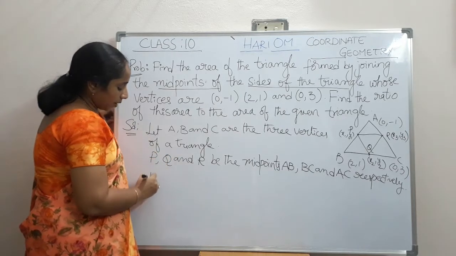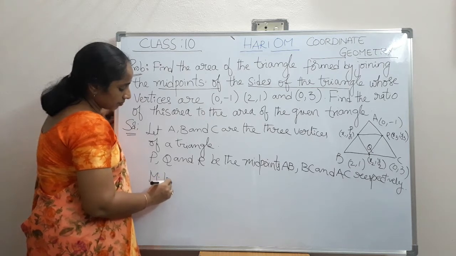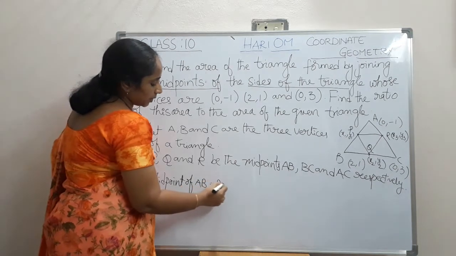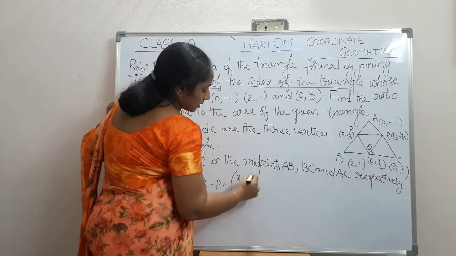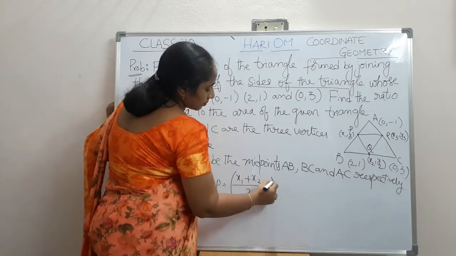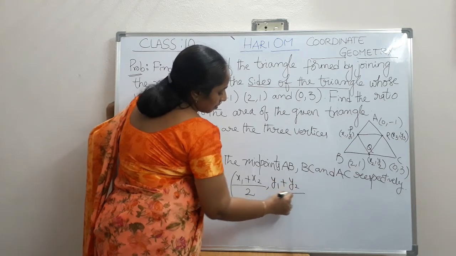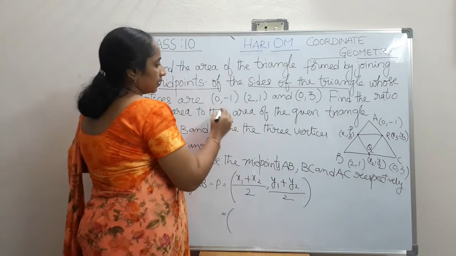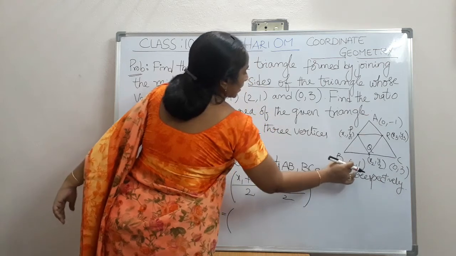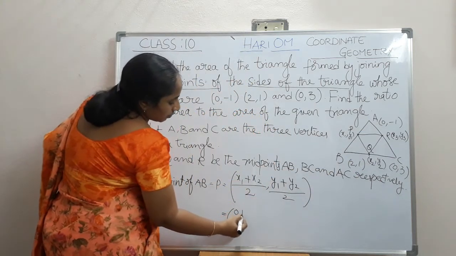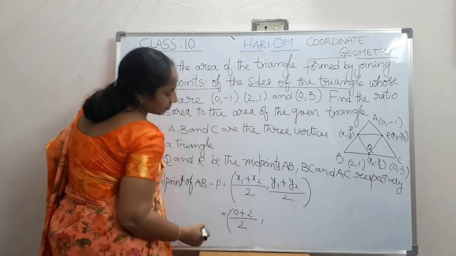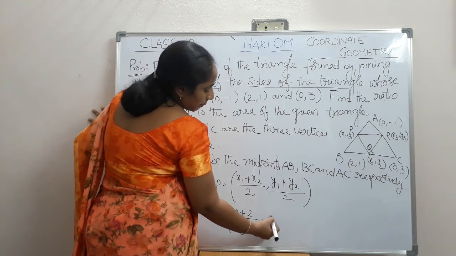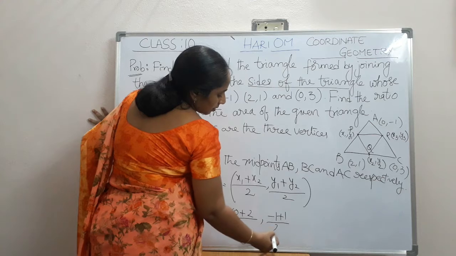Now, the midpoint of AB is P = ((x1 + x2)/2, (y1 + y2)/2). In AB, with (x1, y1) and (x2, y2), it is (0 + 2)/2 and (-1 + 1)/2.